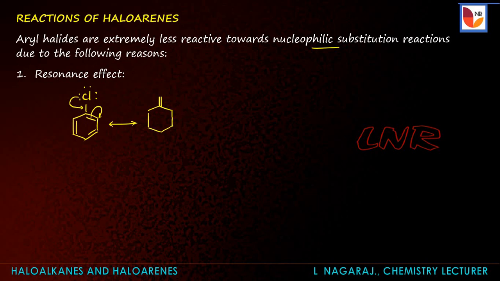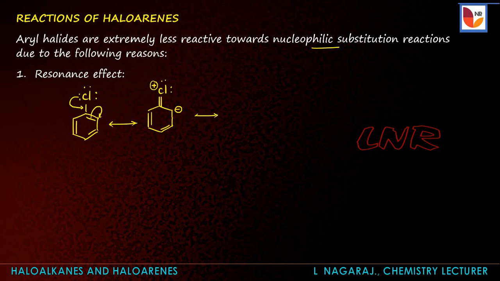That is, a double bond to Cl, and Cl loses electrons, so it gets a positive charge because the lone pair of electrons shifted towards the benzene ring. The double bonded electrons are shifted to the next carbon, so this carbon gets the negative charge, and the remaining double bonds are present in the same position.